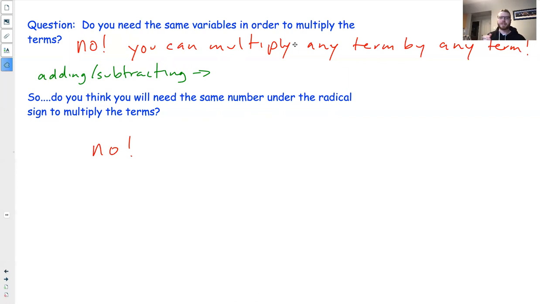We would need it to both be like 3x plus 3x, right? And that's going to be the same thing with radicals, okay? If we are simplifying our radicals, we need to make sure that our radicands have the same value when we are adding or subtracting, okay?